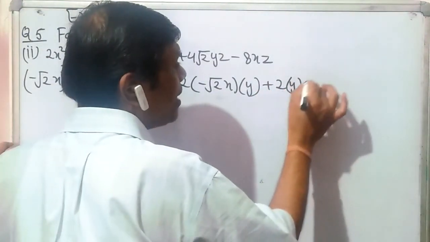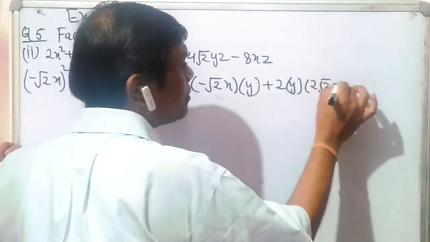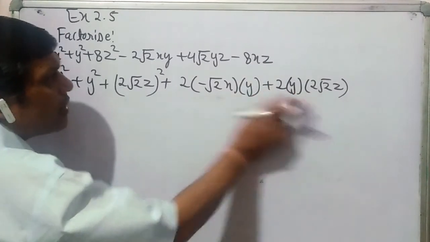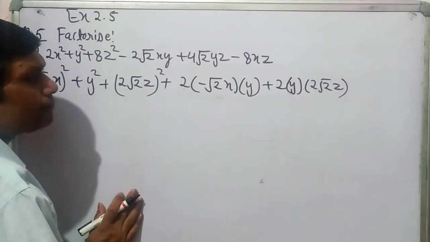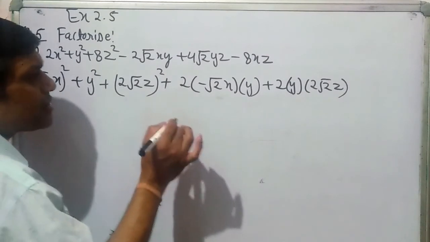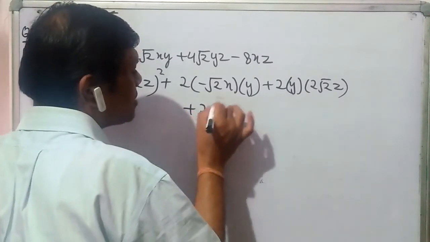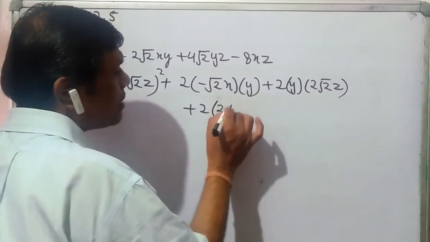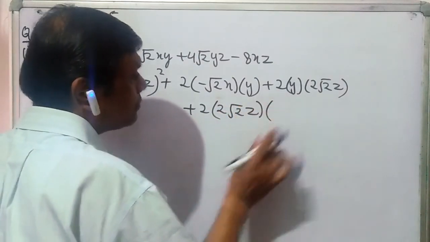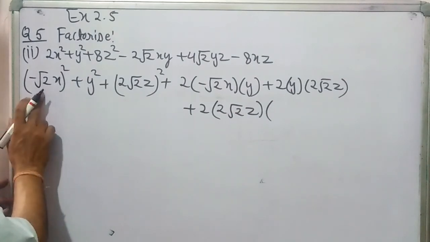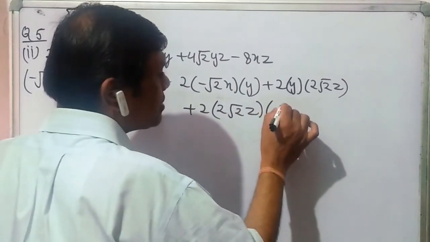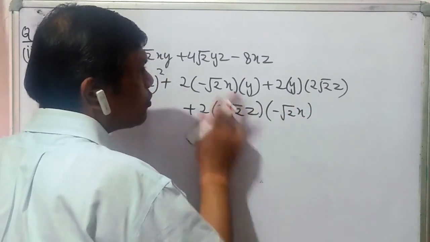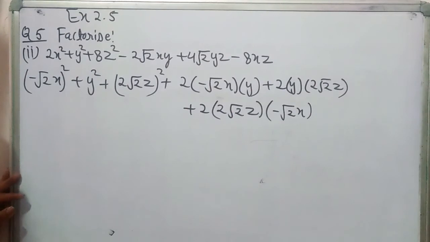Twice y into twice root 2z gives us 4 under root 2 yz term, plus twice zx. In place of z we have twice under root 2z. In place of x we have negative root 2x. 2 to us 4, 4 to us 8zx.